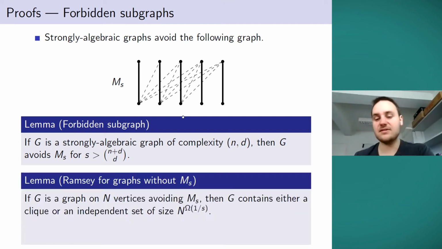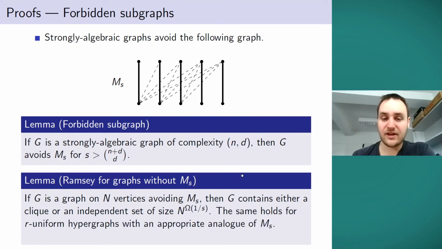And it turns out that we can already say pretty strong things about just graphs that avoid this particular matching, and we don't assume anything else about them. We can show that if we have a graph on n vertices which avoids this matching MS, then G contains either a clique or an independent set of size at least n to the constant over S. For hypergraphs, we can find some appropriate analog of MS, which is a bit more technical, and we can show that if we avoid those hypergraphs, then we get the same exponent.